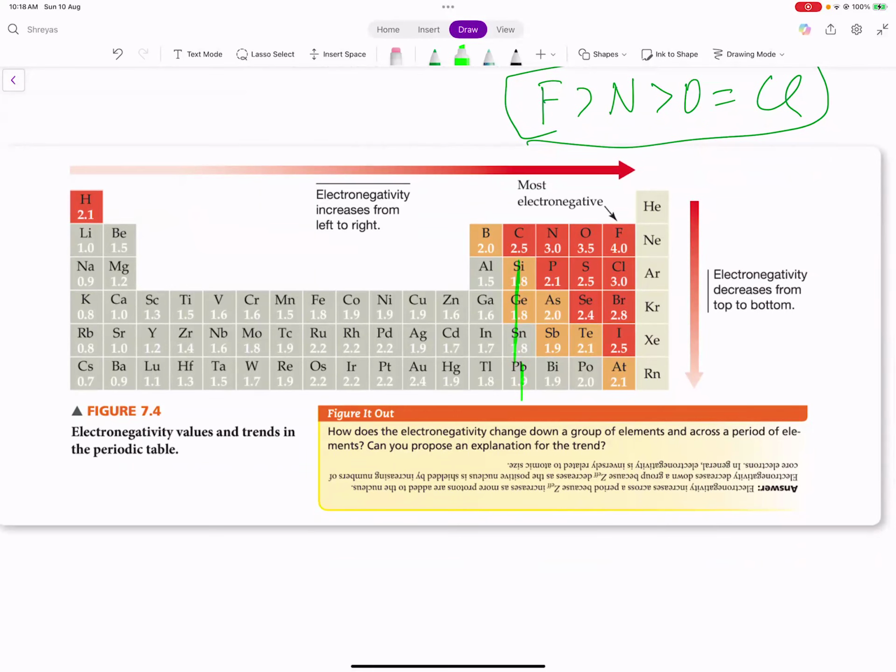So electronegativity in these two groups is doing nicely here. Yes, the highest, they are the most electronegative. So here it is the usual order.